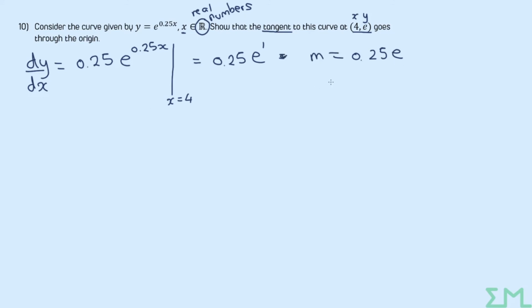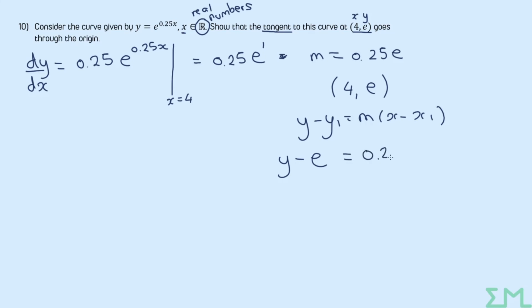Now we're going to use the fact that we have the gradient and a point, along with the formula y minus y1 equals m(x minus x1). Should be a well-known formula to you from an earlier chapter, coordinate geometry. So we're going to put y minus e equals m, which is 0.25e times (x minus 4).